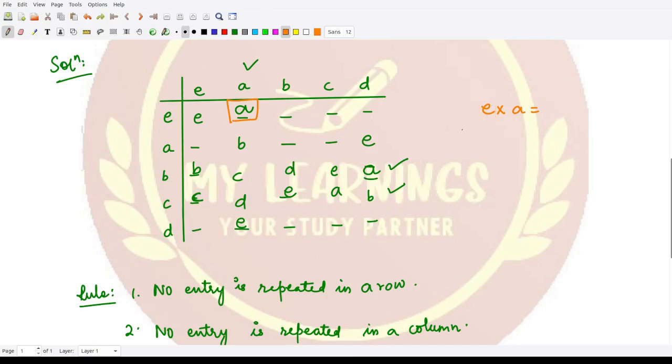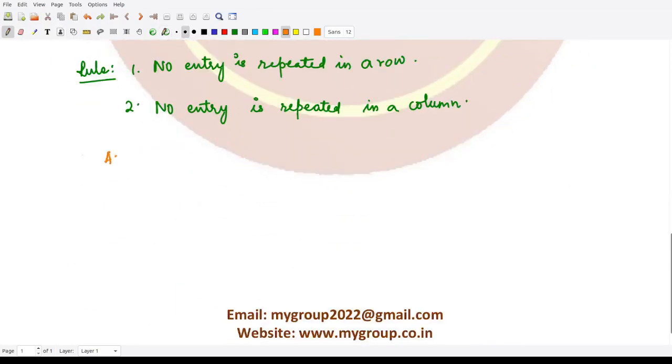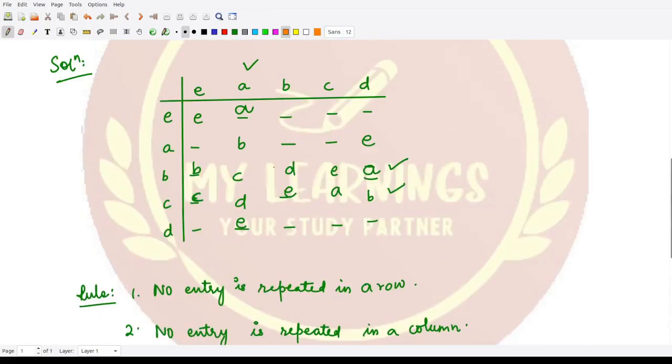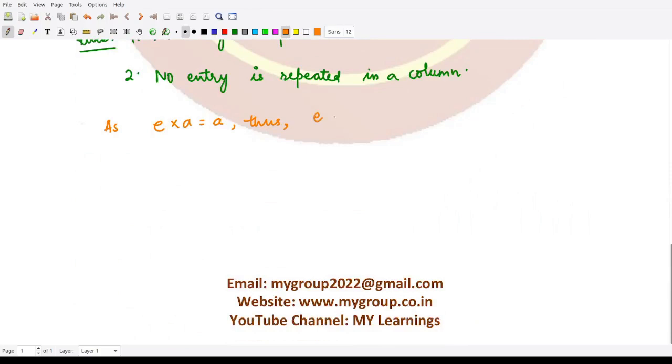Knowing this clue, you can very easily compute the other elements, because you can write down here also that E into A is equal to A. Thus, this would act as the identity element. Thus, E would act as an identity element.